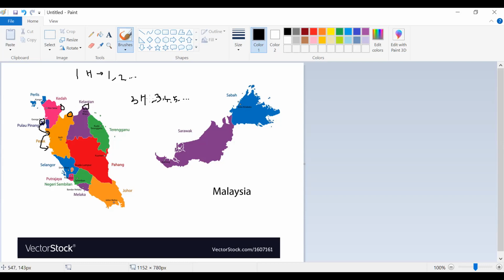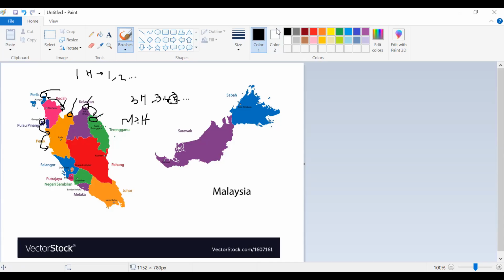If you have, for example, 5 landfalls, maybe a hurricane from Kelantan jumps to Terengganu North, that's 1 landfall already, and then from Kedah jumps to Perlis, another landfall. So in total we have 1, 2, 3, 4, 5 landfalls. So the number of landfalls must be greater than or equal to the number of hurricanes. I hope you understand what I'm saying.